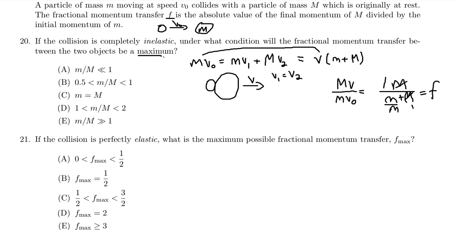And we want F to be at a maximum. So we want m over capital M to be very small. Then F will approach 1. So little m divided by big M needs to be very small, which in our case is option A.